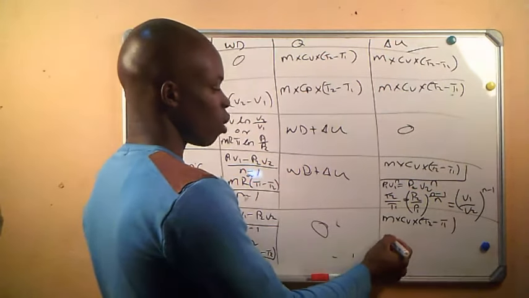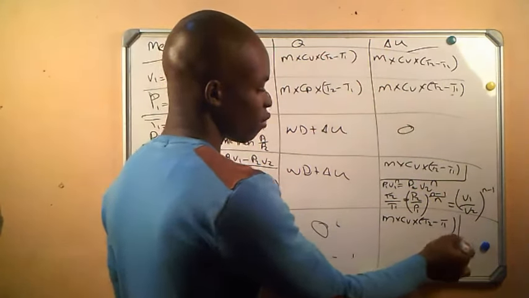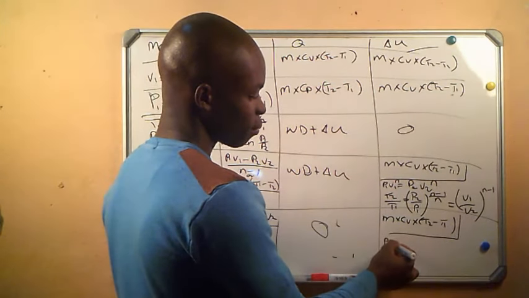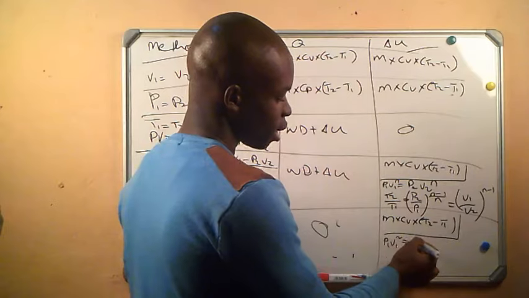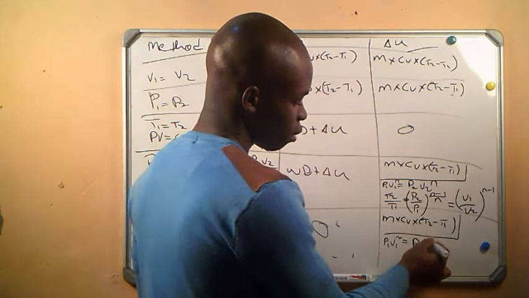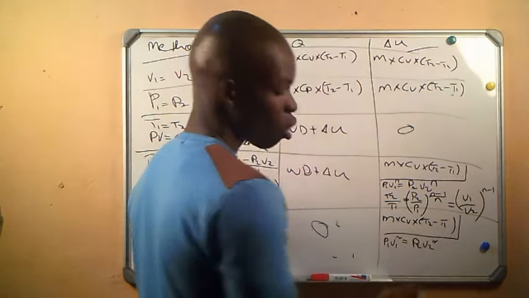In this one also we have additional formulas. We have P V^R, P1 V1 is equal to P2 V2^R.